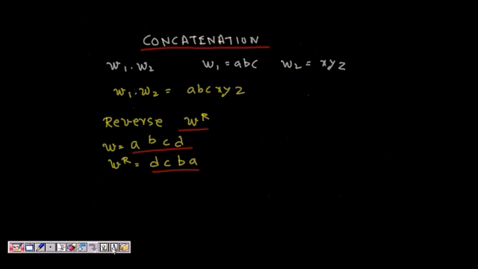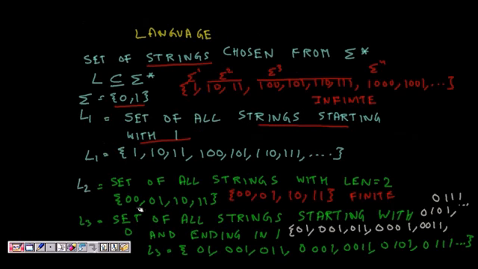Then concatenation, reverse of a string, and finally languages. So languages describe some property of the strings. The set of strings, what property do they have? For example, it starts with 1, ends with 0, and so on.